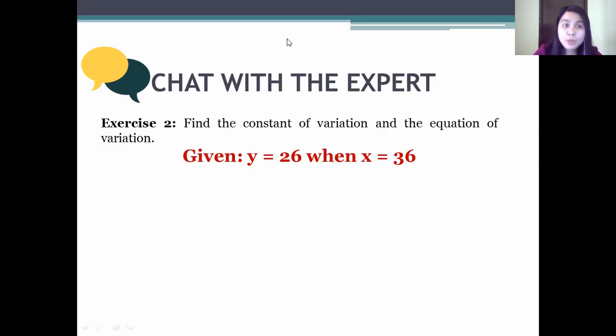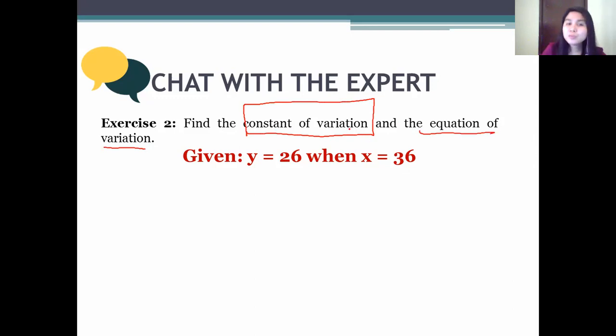This time, we will solve for the constant of variation. Now, how to solve for the constant of variation? Here is the problem. We find the constant of variation and the equation of variation. The given is y equals 26 when x equals 36.